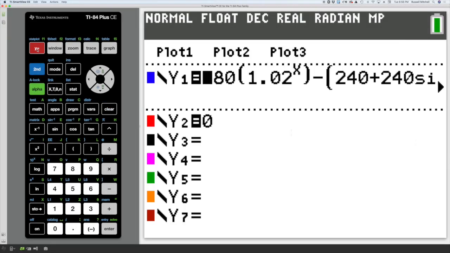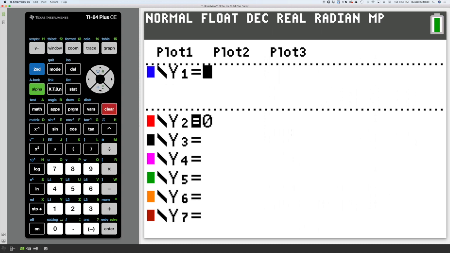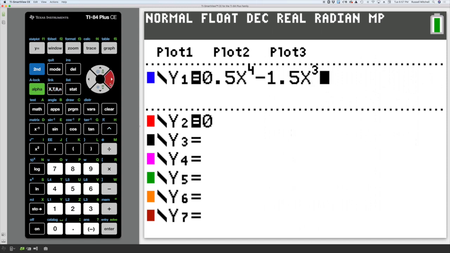Okay, so let's go to y equals, and let's clear out the stuff that we have from the previous one. Okay, so x of t is 0.5t to the fourth, so this is x to the fourth, minus 1.5x cubed, minus 2x squared, plus 6x, and then minus 1.